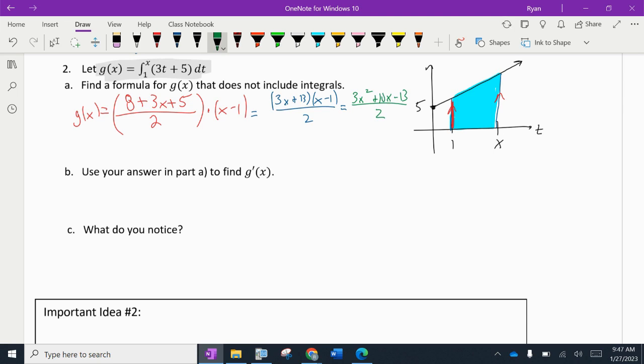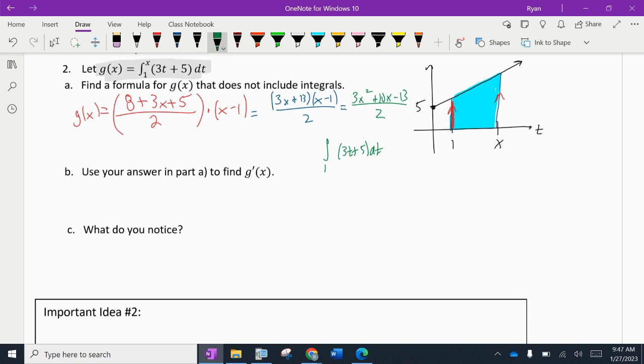Now, to understand what we've done here, if I wanted to find the area under this curve from, let's say, 1 to 7, the integral of 3t plus 5 dt, I could just plug 7 into this equation and find that area. Or if I wanted to find the area under the curve from 1 to 17, I could plug 17 in for that expression and have a really quick way to find that area no matter what the upper bound is.